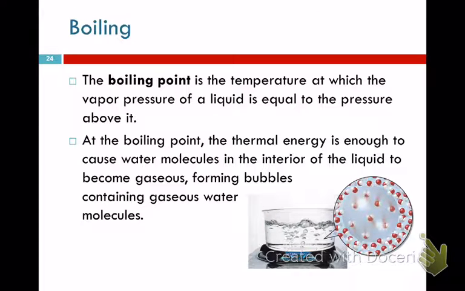Boiling is another property that we're going to cover here. I mentioned some of this the other day. We have something called a boiling point. And remember, I made a graph yesterday.